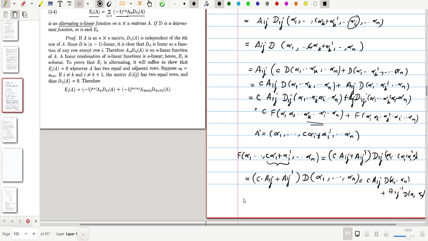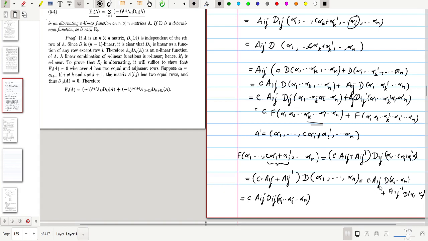So you write this as c times aij of dij of d of alpha 1, alpha 2, etc., alpha n, which can be written as dij of alpha 1 etc., alpha I etc., alpha n. When you evaluate dij of this, that will be the same as d of the matrix obtained by removing the ith row and jth column.